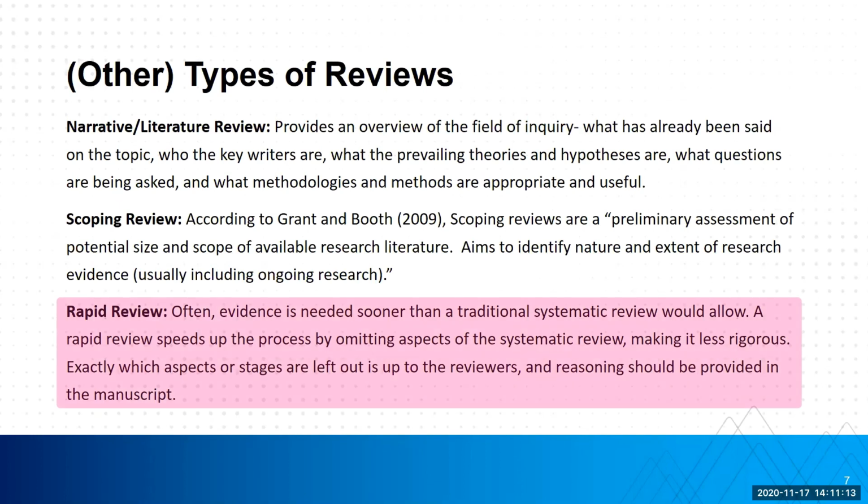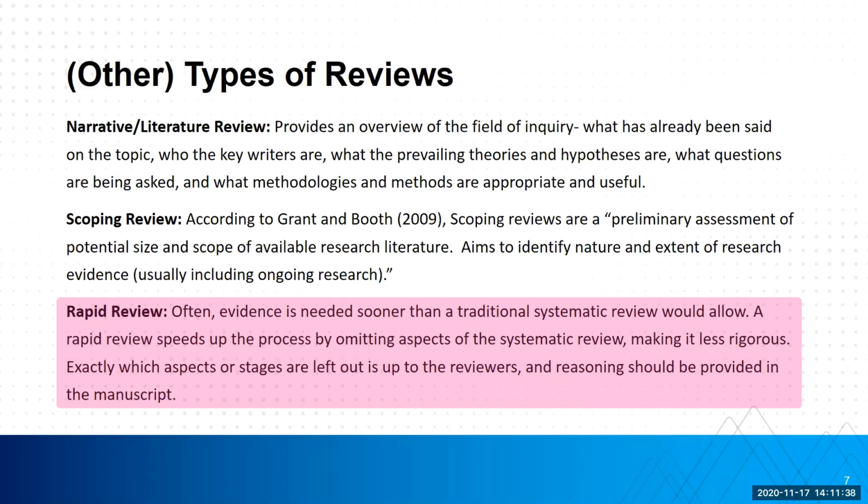Finally, a rapid review. This is a very timely example. That's why I put it on here, because there are many other review types, but a rapid review is typically a situation where you would love to create a systematic review, but you simply don't have the time. Because as we'll learn, a systematic review has many steps, and it can take as long as a year, maybe even longer.